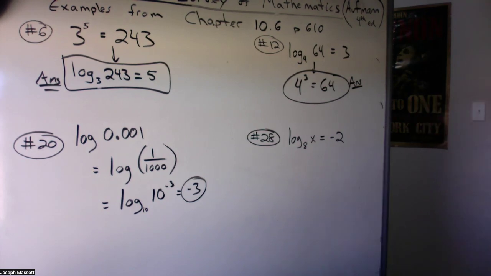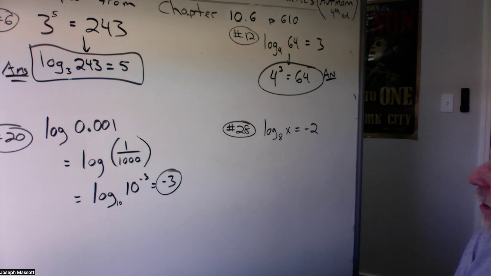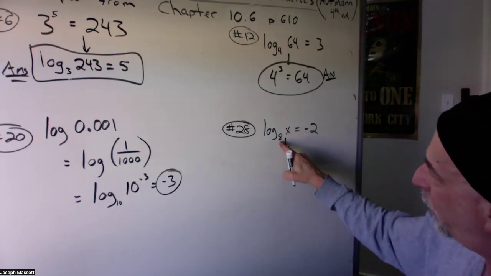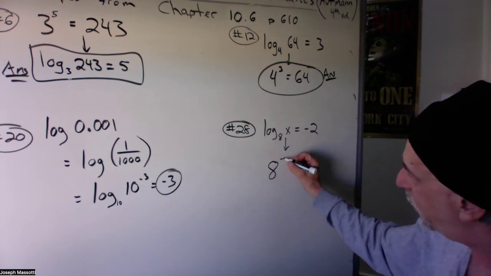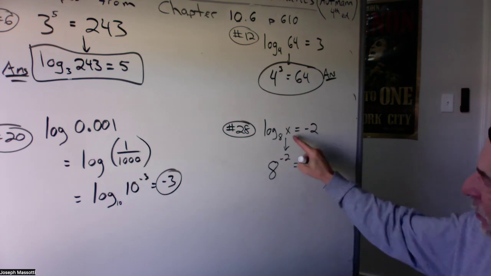And again, lastly, this is a logarithmic equation. You're asked to solve this logarithmic equation. You want to solve for x. Well, again, we're going to use the relationship between log form and exponential form. If we change this to exponential form, we know the base is 8, the exponent is -2, and that's what we're looking for. We're looking for that result.